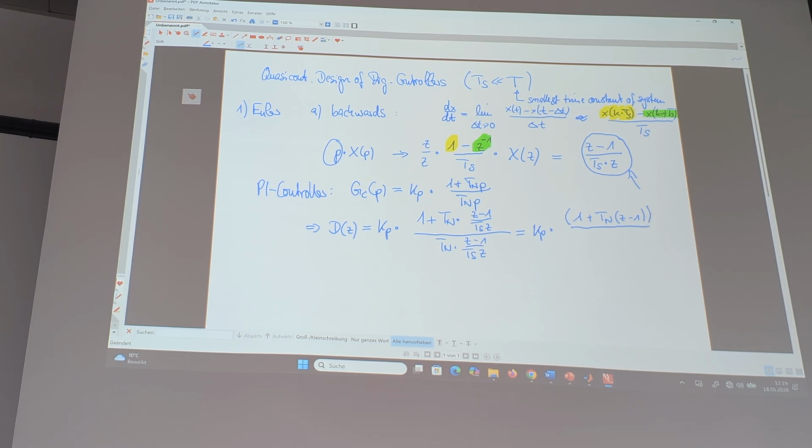And if I extract the Ts z, then it stands here, Ts z, where the 1 was. And then I can put it down to the denominator where it is cancelled out, so I have here Tn times z minus 1.